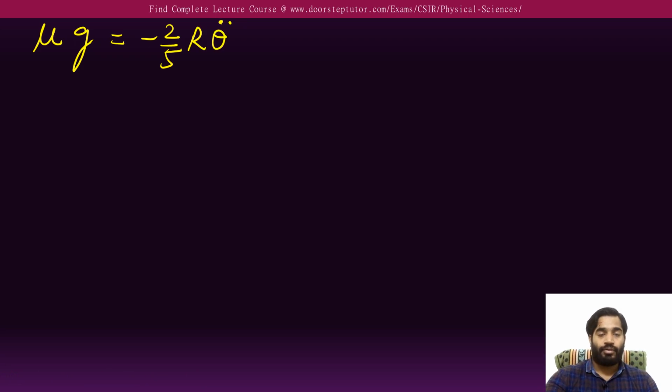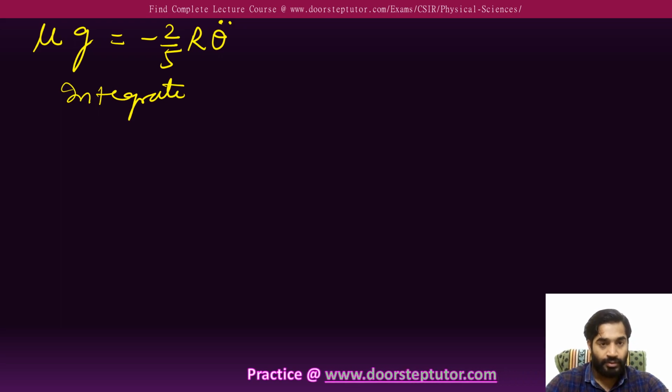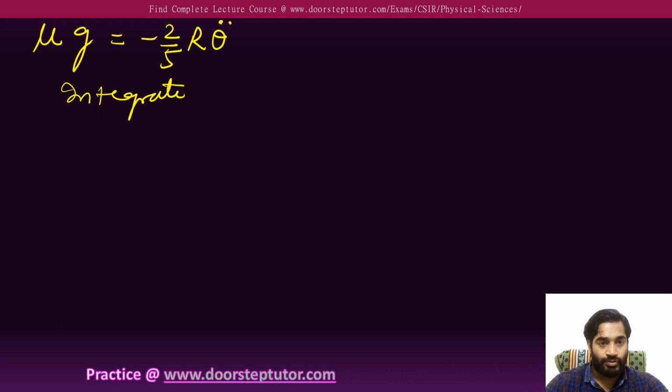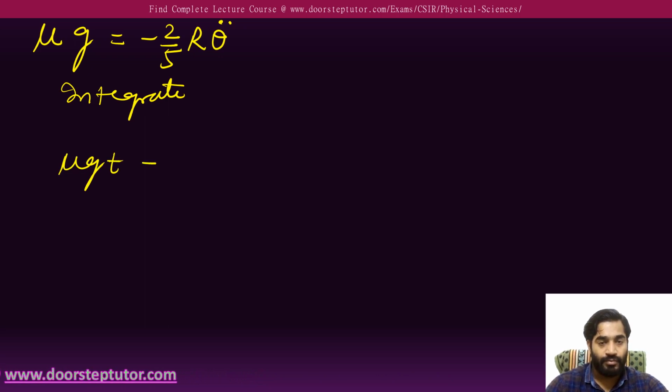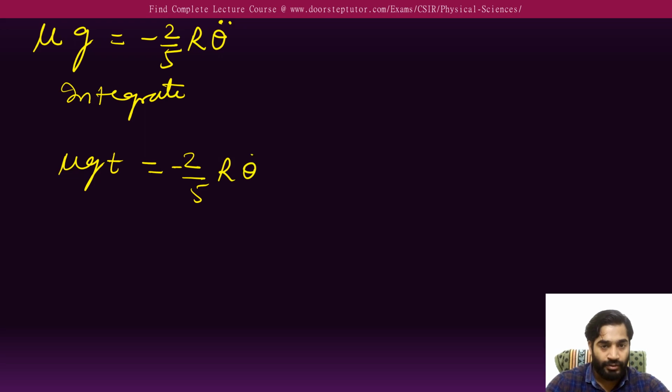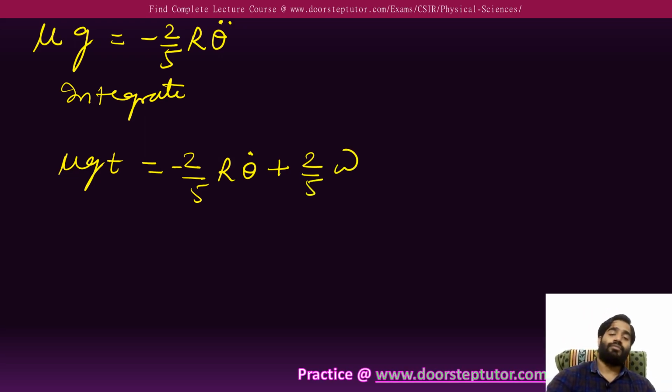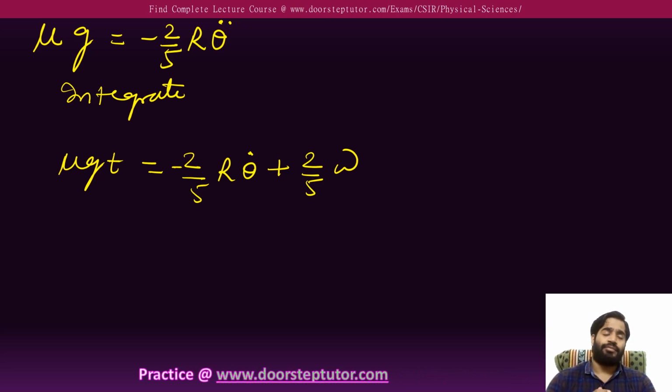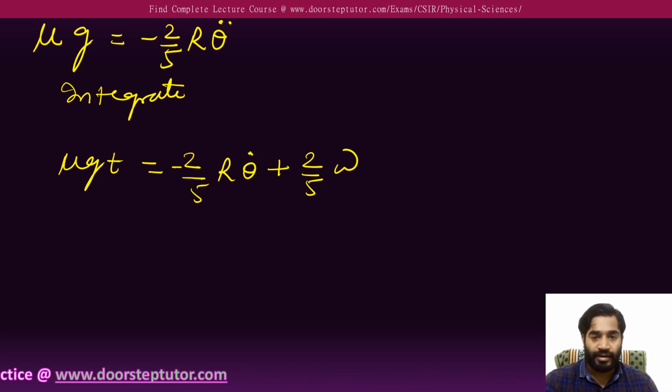Now just integrate this, and we get mu g t equals minus 2 by 5 r theta dot plus a constant, that is k, which I already told you is, sorry, 2 by 5 r omega.